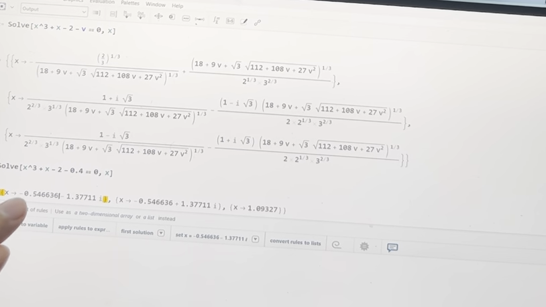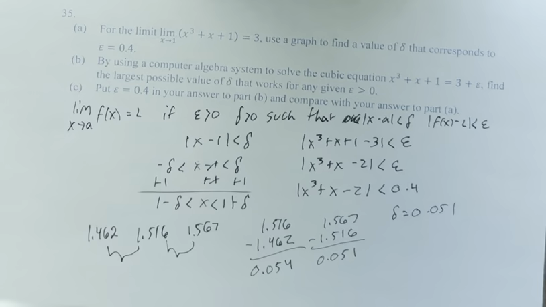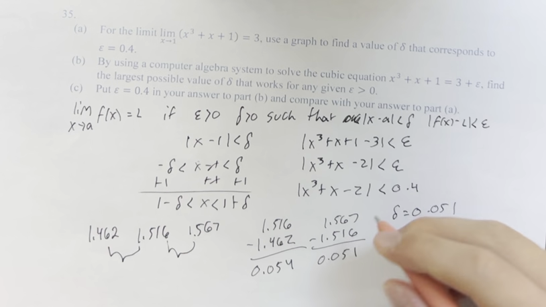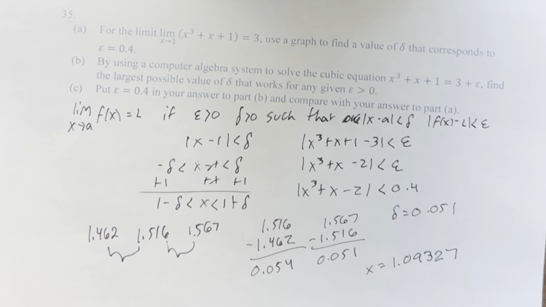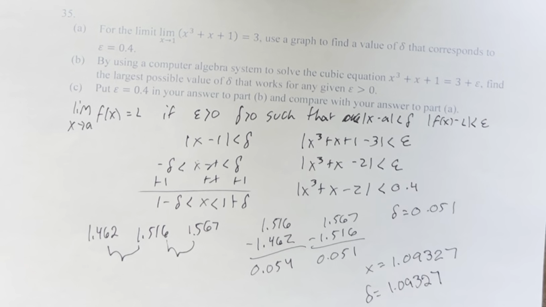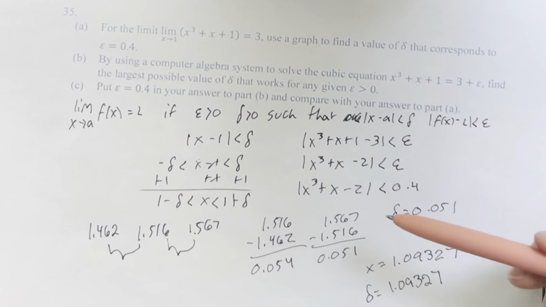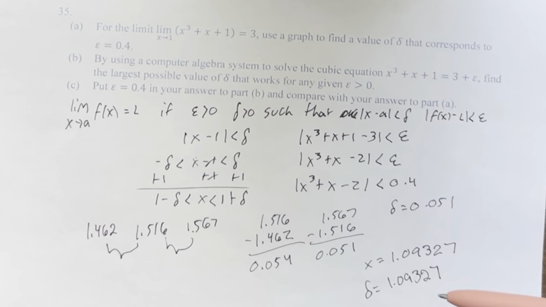This one is imaginary, this one is imaginary, and that leaves 1.09327, which is our maximum possible delta. And so we can compare that and find that it is different from the graphical analysis that we got earlier.